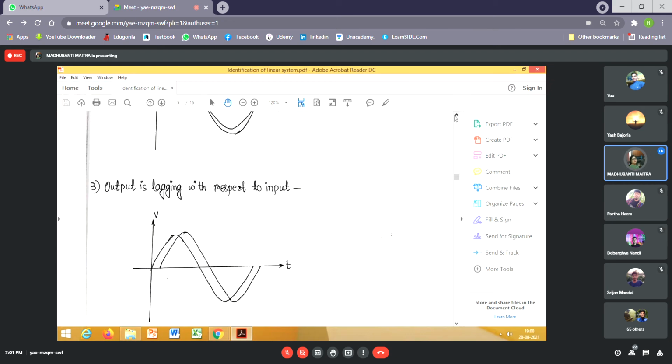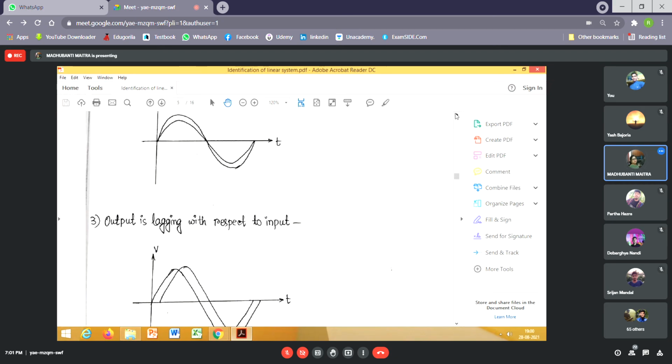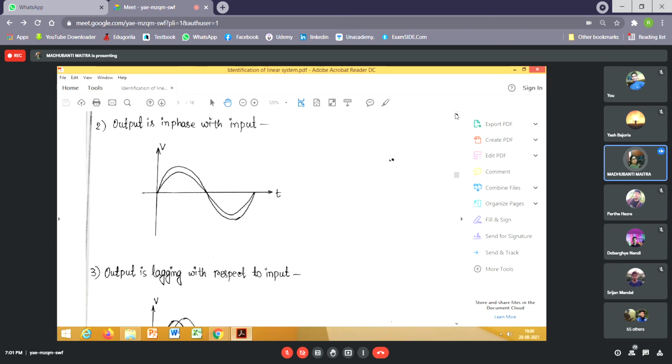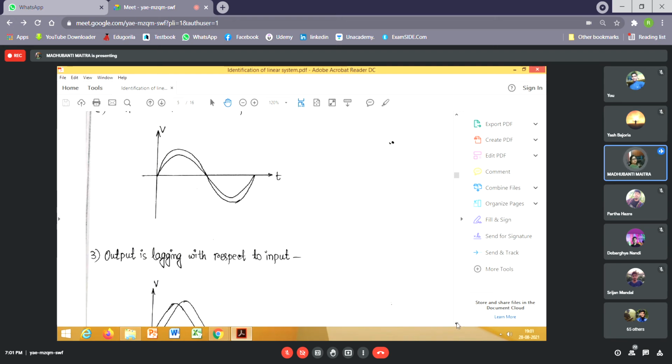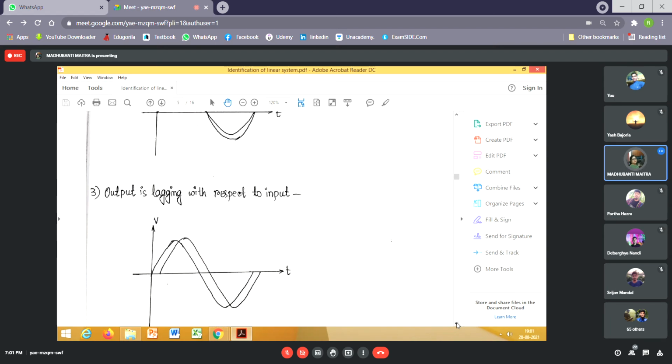So you'll have to draw waveforms: for the leading case, one such plot, for this in-phase case, one plot, and for this lagging case, one plot. Okay.